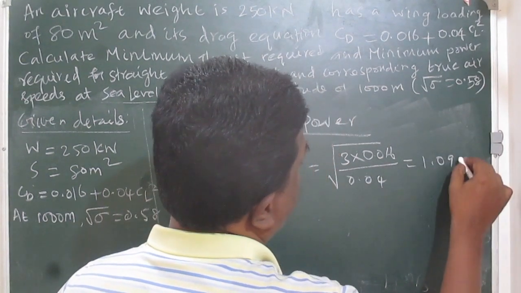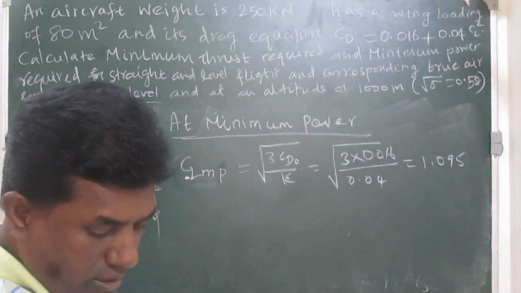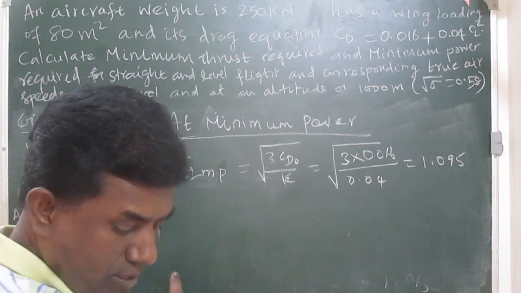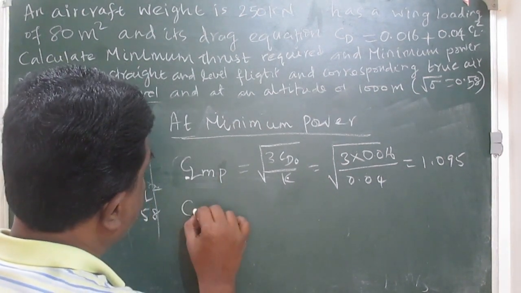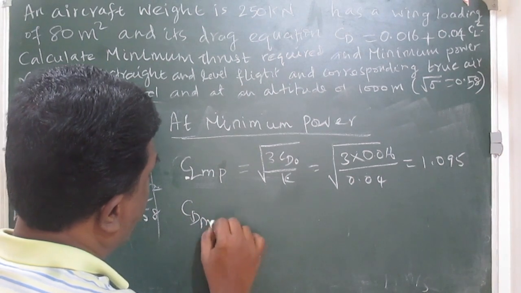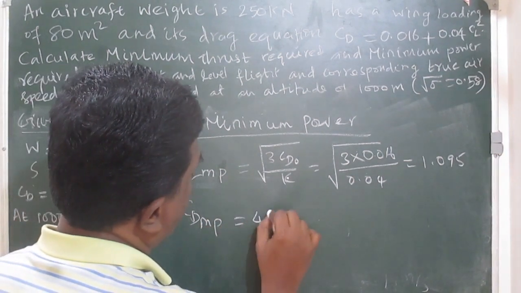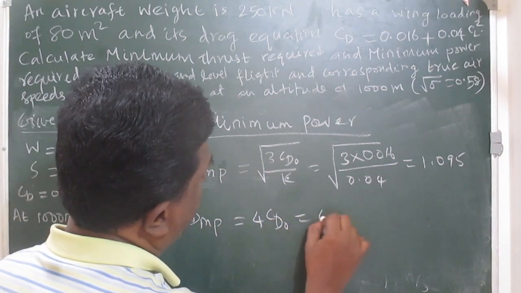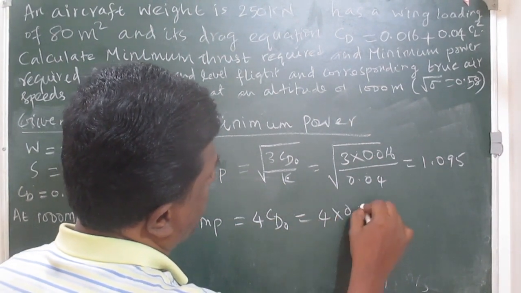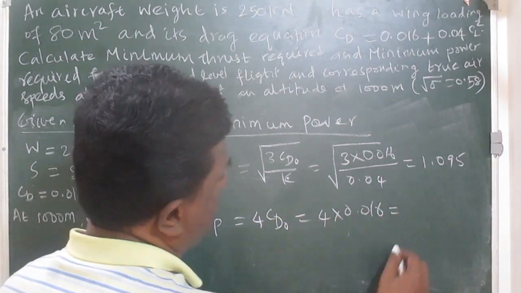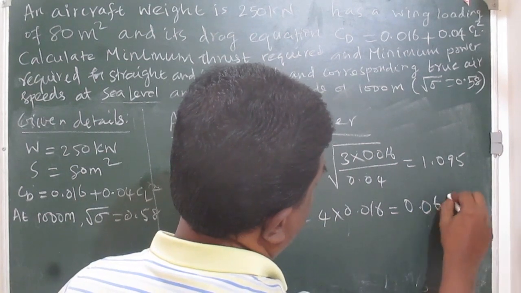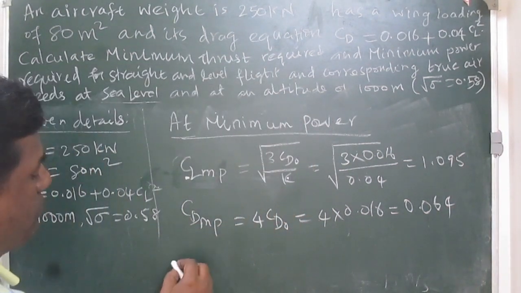This is the CL minimum power. Then CD minimum power is equal to 4 CD naught, equal to 4 into 0.016, which is 0.064. CD minimum power we got.